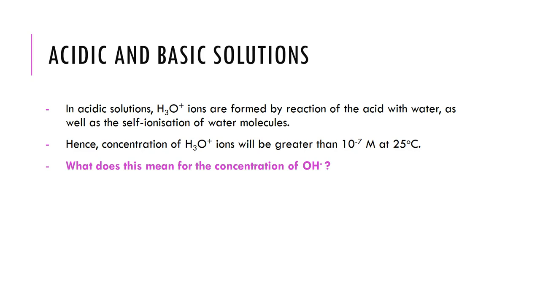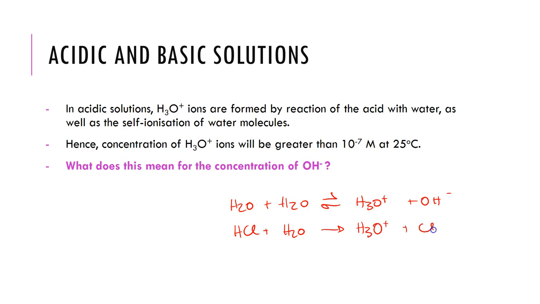What that means, okay, is that in acidic solution, the hydronium ions are formed when we add extra acid into the solution, as well as the self-ionization. So if we have hydronium happening because of the self-ionization of water, forming our hydronium ions and OH minus, when I add in an acid such as HCl into water, what I'm going to see is I'm forming H3O plus and Cl minus.